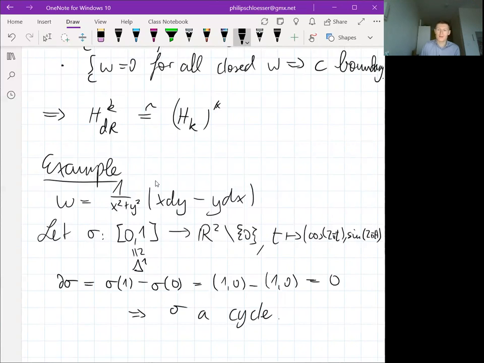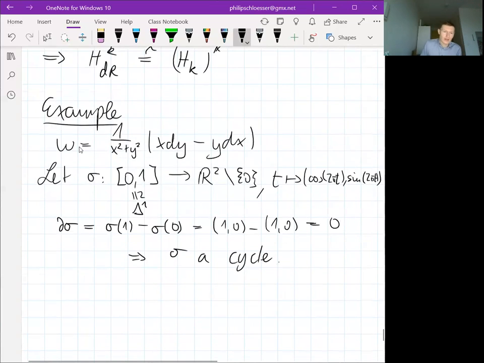And we have the integral of omega along sigma is, yeah, I mean, it's the integral that I already calculated beforehand. So the pullback sigma star omega, and I guess I've already calculated in the break what this is equal to.